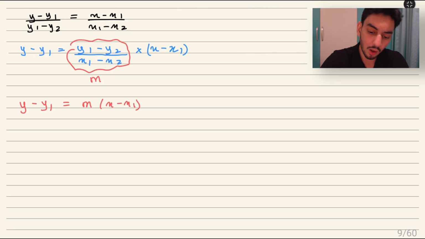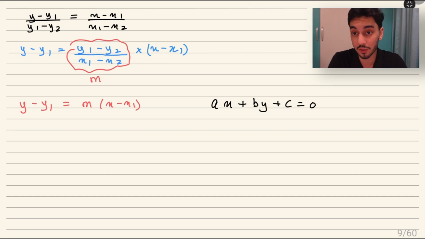Now, one last thing is that if the equation of a line is given to you, let's say ax plus by plus c is equal to 0, and the question says find the x-intercept or find the y-intercept, or find the point at which the line intersects the x-axis or the y-axis. Super easy.